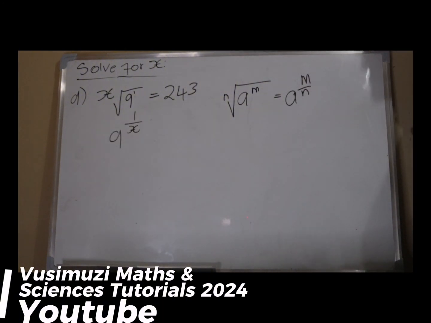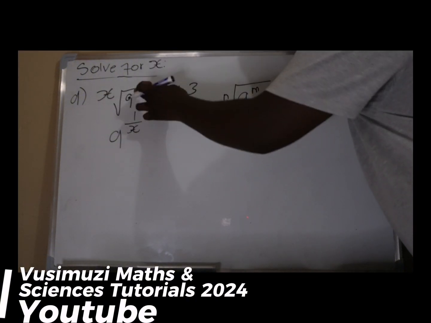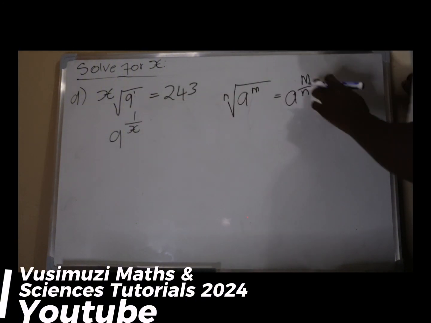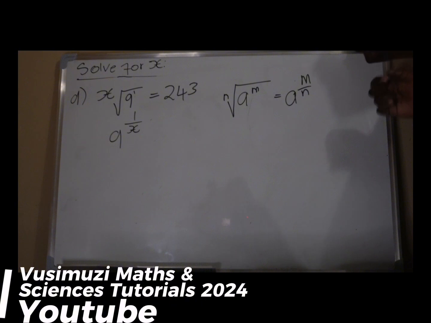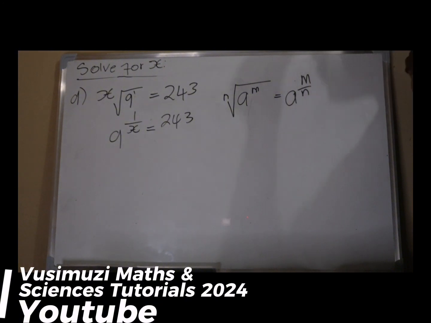That's how you break the root sign. You take this x to be the denominator and this 1 to be the numerator. That's how you break down the root signs in mathematics.